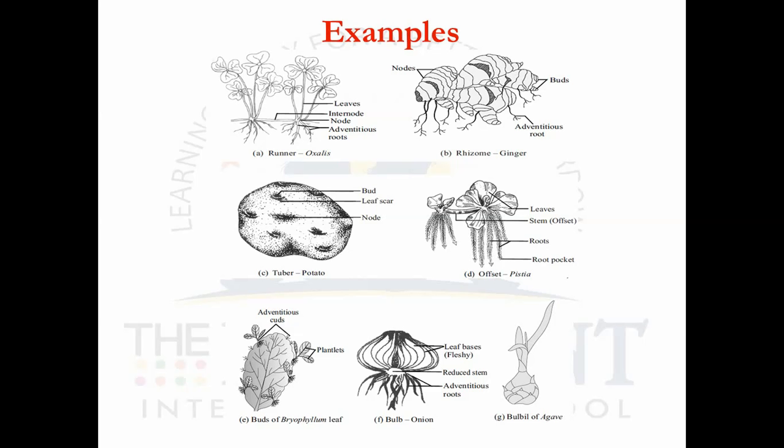So this is a runner, meaning the stem runs horizontally on the surface of the soil. Rhizome, it's ginger. Tuber, it's potato. On the potato the buds are there which help to produce new leaves.